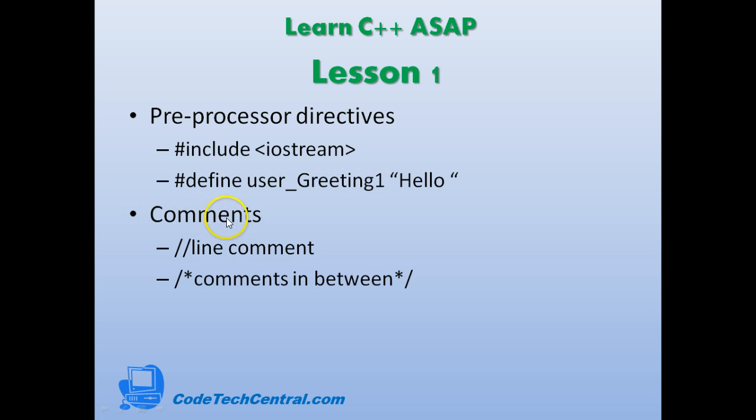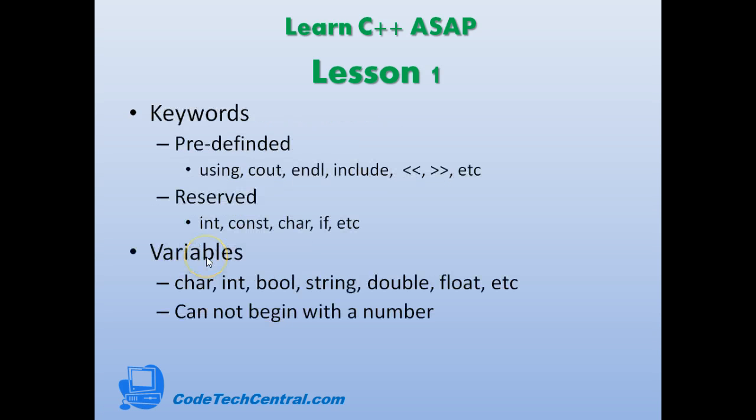And comments. Comments are extremely important in C++. You've got to use comments so you can remember what you did or what you were trying to do, or so others can understand your code. We're also going to discuss keywords and variables. Keywords are basically words that are either predefined or words that are reserved.